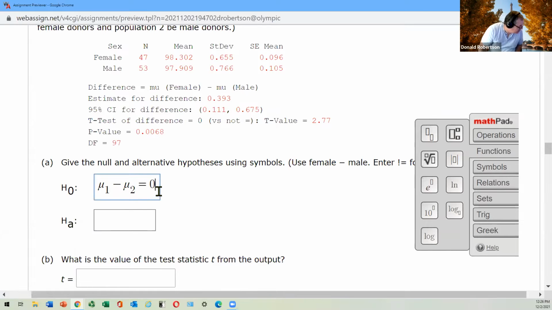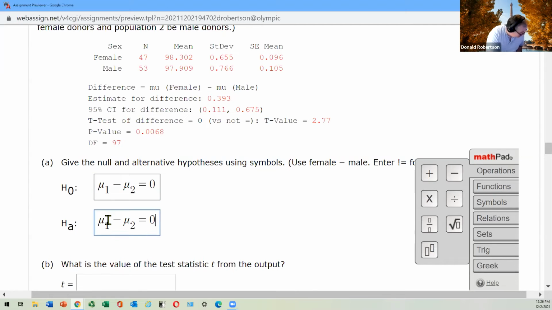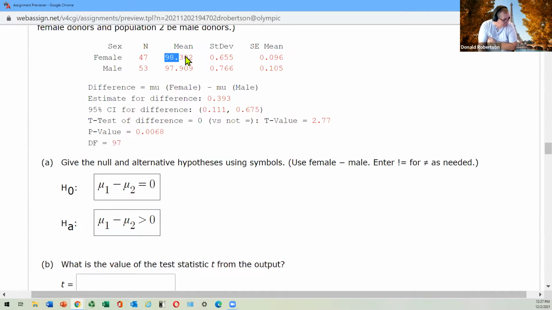Now I can save my time a little bit by just doing a copy and paste. And now I have to figure out, and I might get it wrong because they're not telling me enough here, but I think that they're wanting probably to prove that the females are warmer, right, than the males. And the only reason I'm saying that is that when you look at this raw data, would you agree that that's bigger than that?